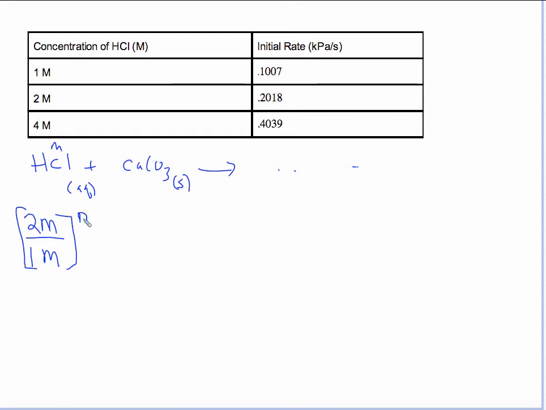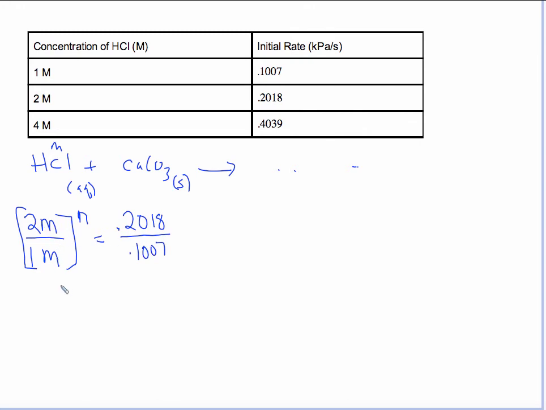Now n stands for the order of the reaction, and what we're going to be finding is this exponent. That's the order. That's going to be equal to the rate that the 2 molar produced, which is 0.2018, divided by the rate that the 1 molar made, 0.1007.